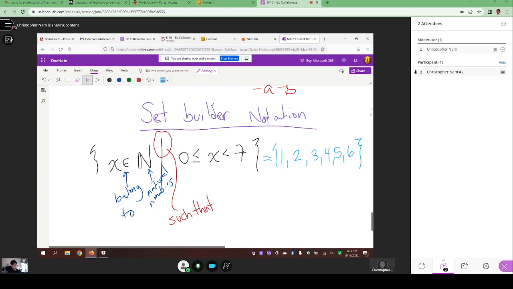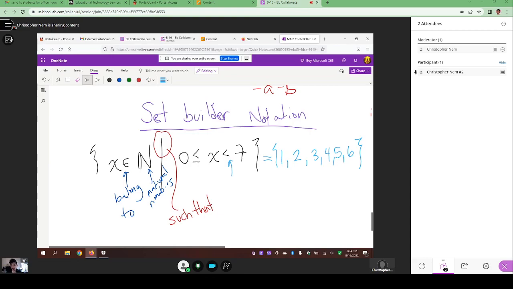Now, notice I didn't include 0. 0 is not a natural number, so I cannot write that down. Even though it says greater than or equal to 0, I cannot include it because it's not a natural number. I also didn't include the number 7 because this symbol is a strictly less than symbol. It is not less than or equal to. It is less than 7.